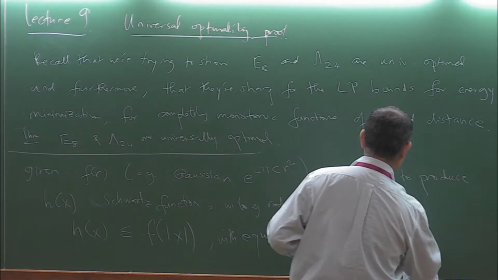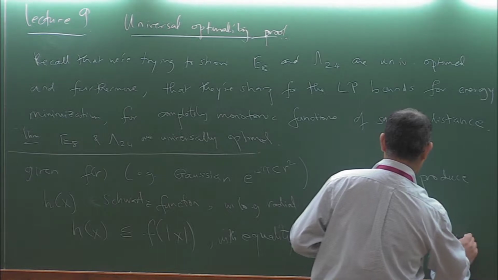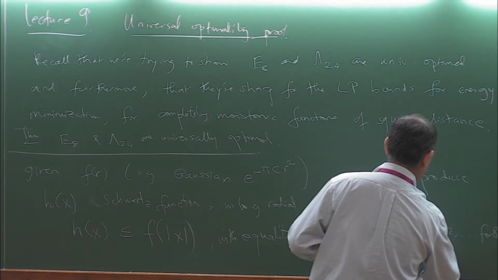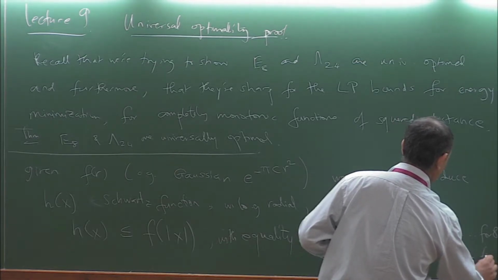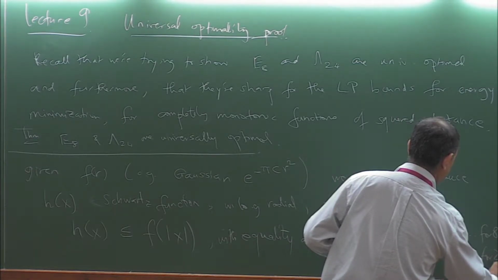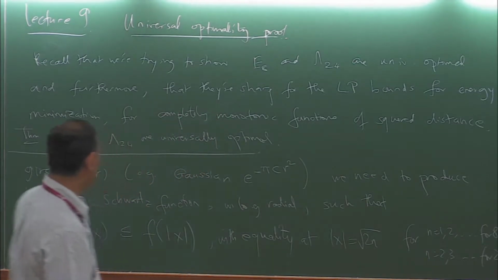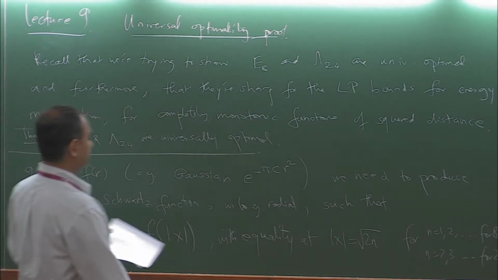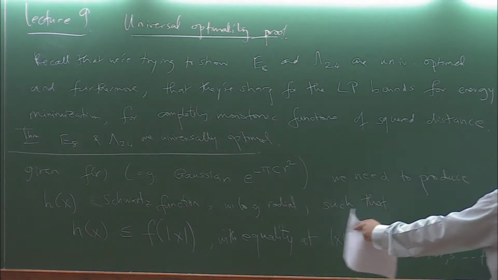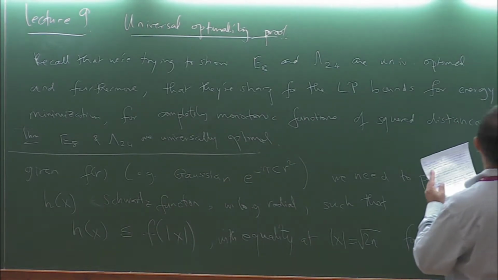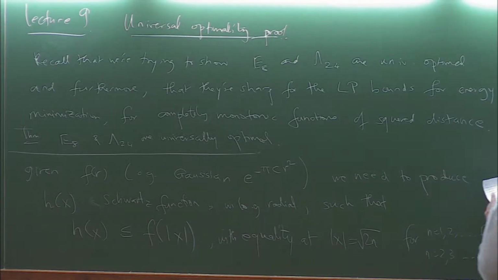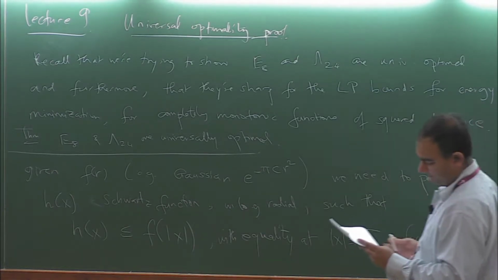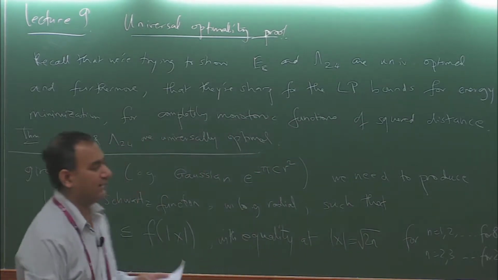So for n equals 1, 2, dot, dot, dot, for 8 dimensions, and n equals 2, 3, dot, dot, dot, for 24D. Okay, so that's what we need to do. Given f, we need to produce h such that this is satisfied with equality everywhere at these distances, and you also need that h hat, the Fourier transform, is non-negative.